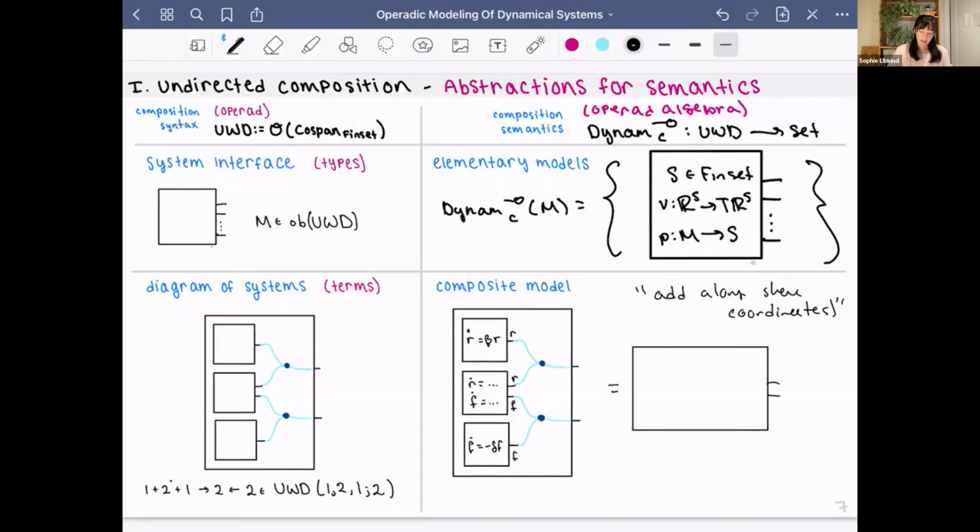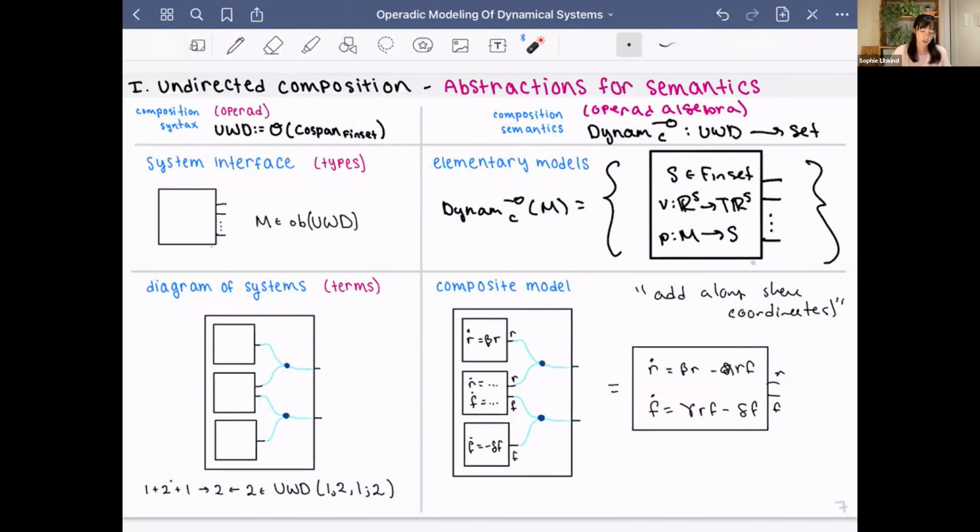And so in this example, we end up with 2 state variables, R and F, corresponding to rabbit and fox populations, which grow according to these rates: alpha RF, gamma RF minus delta F, and we expose the rabbit and fox populations on the ports. So this is the mathematics of composing dynamical systems in an undirected manner.